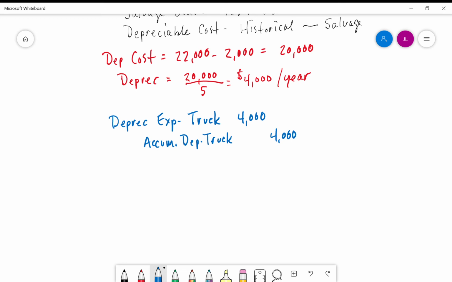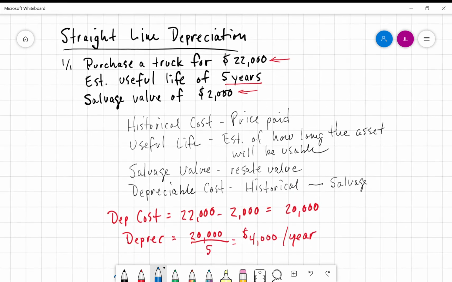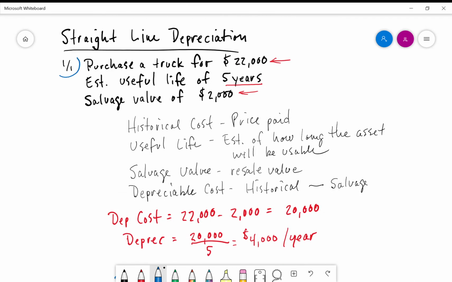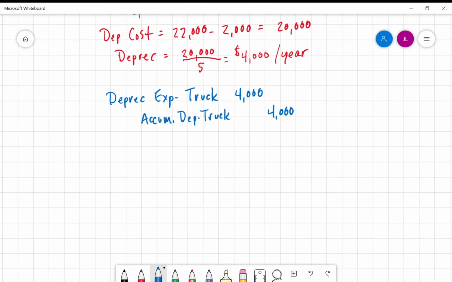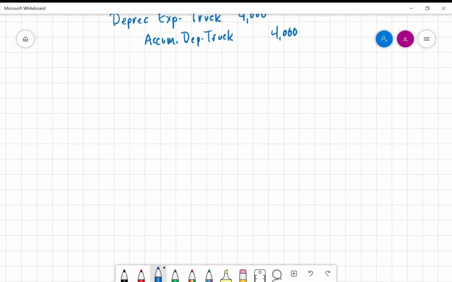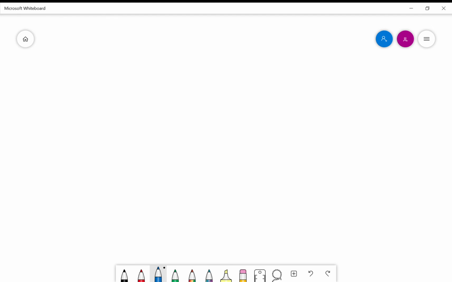Maybe in the case we had above, this was purchased on January 1st. Maybe we don't purchase and put an asset into service at the first of the year. Maybe we do it at another time. So maybe we look at this case and say, okay, on 4/1 we purchased the same truck. The truck cost us $22,000.